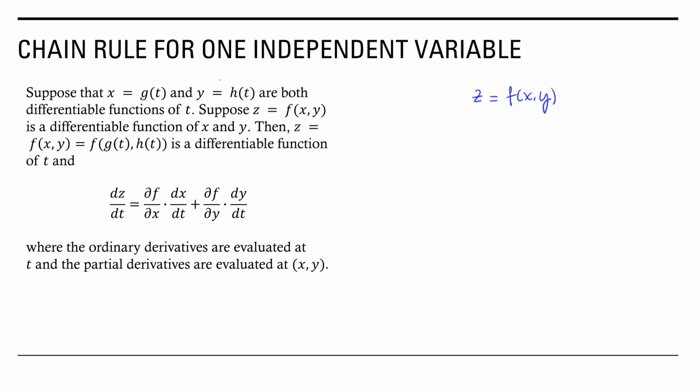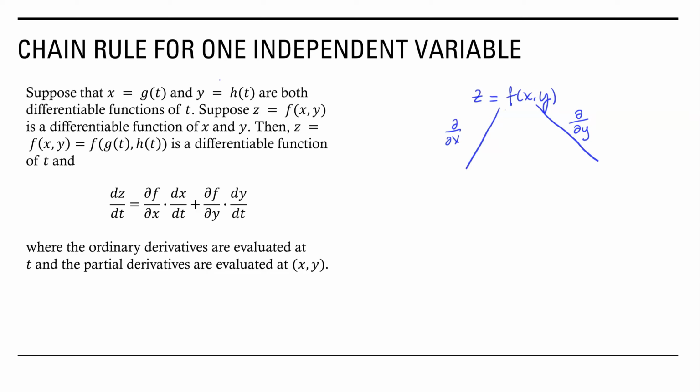And we're also going to capture the rate of change of x with respect to t and y with respect to t. So if I start with the original function, z is a function of x and y, then there's really two partial derivatives or two rates of change I could consider. I could consider taking the partial derivative with respect to x. I could also consider taking the partial derivative with respect to y.